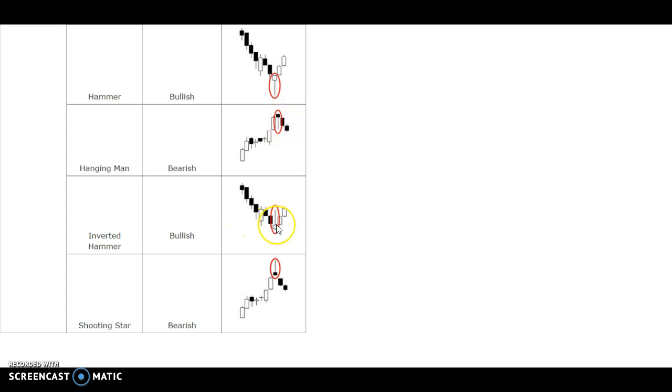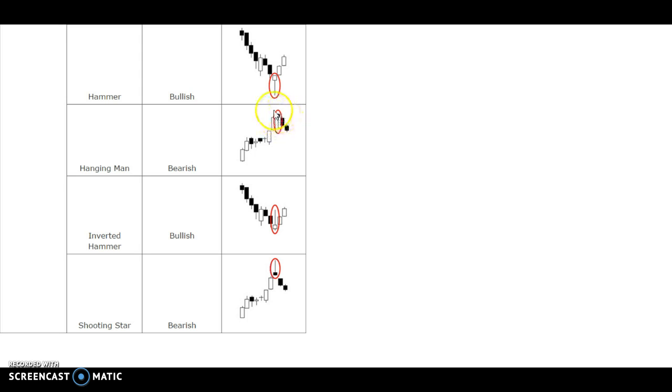Inverted hammer, reversal sign, bullish. And you can kind of reason this out as, this is bullish because we had all this selling and we came back up to here. So this is a rejection zone. Here we had all this buying and we still had some selling.